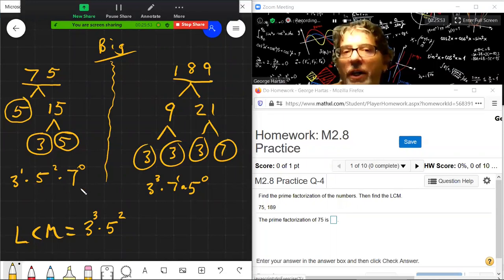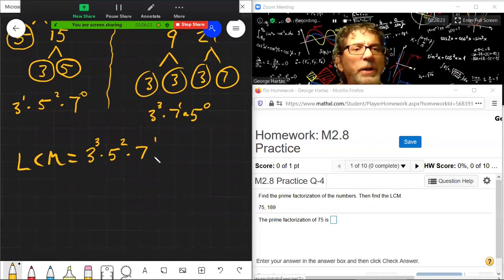It doesn't change anything, it's just for visual effect. There are more 7s here: 1 7 here, 0 7s here. Since we're looking at bigger, more for LCM, this comes down. This comes down. So all we have to do now is simplify this by multiplying it out.